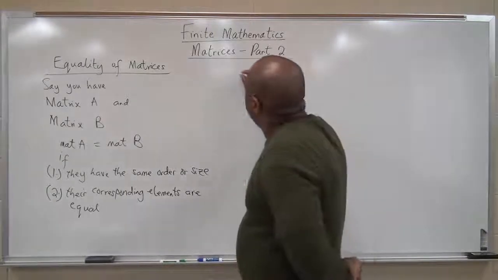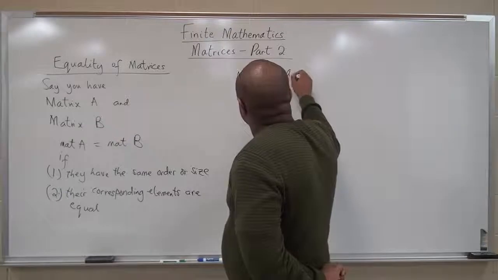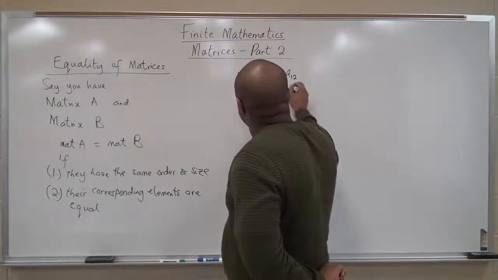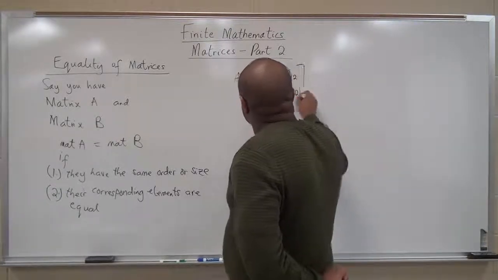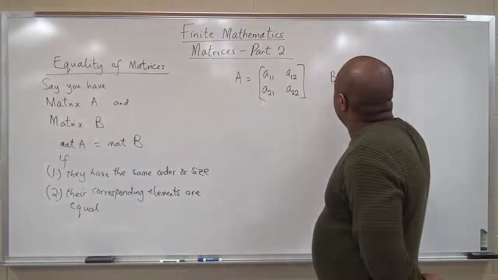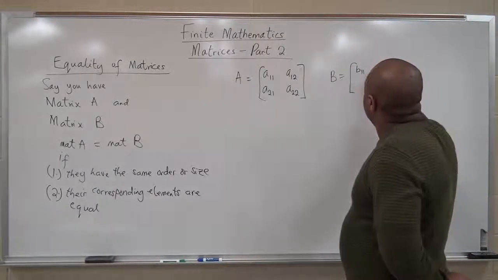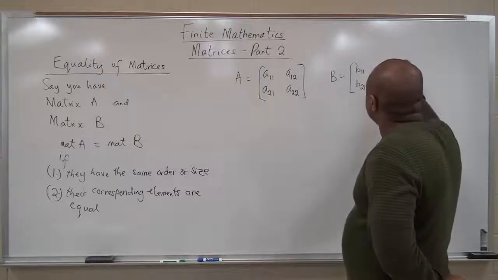Let's say maybe you have A to be A11, A12, A21, A22. Okay? And you have matrix B to be B11, B12, B21, B22.